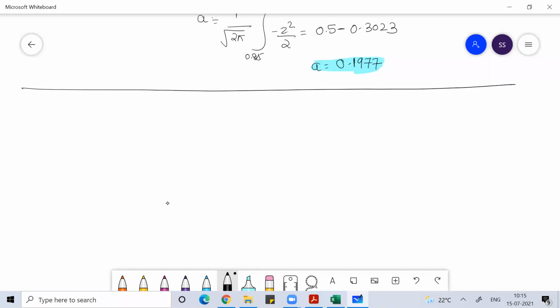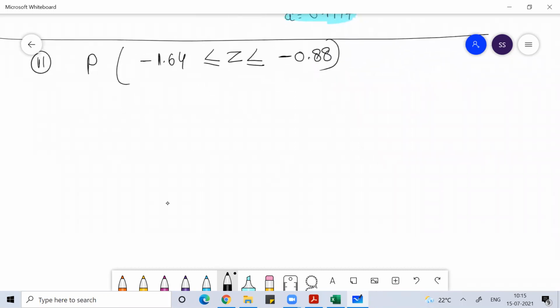Now if you see, the second part of the question was the probability of minus 1.64 greater than or equal to z greater than or equal to minus 0.88.